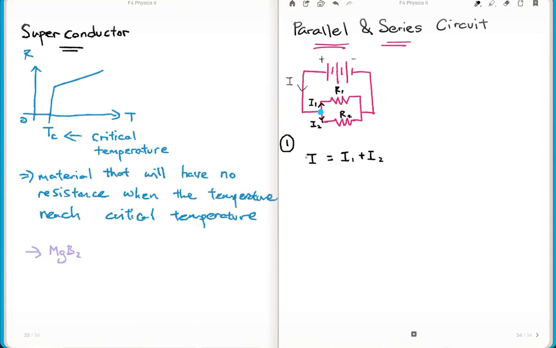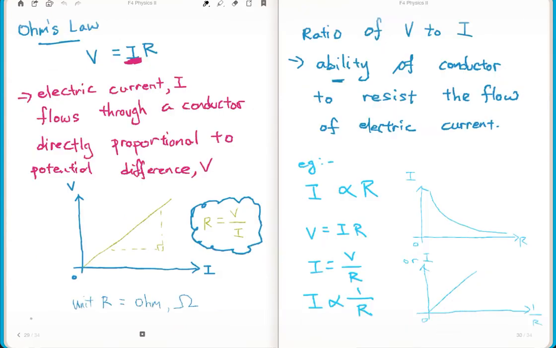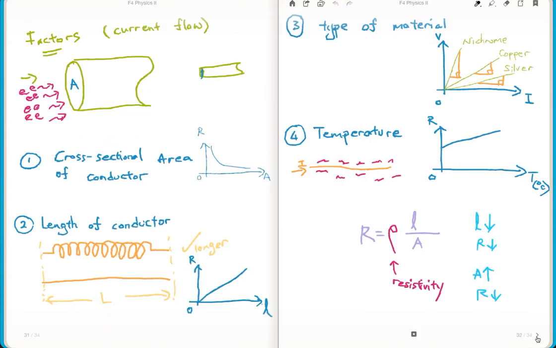Secondly, from what we learned in our previous video on Ohm's law, we talk about V equals IR. I'm going to use that.